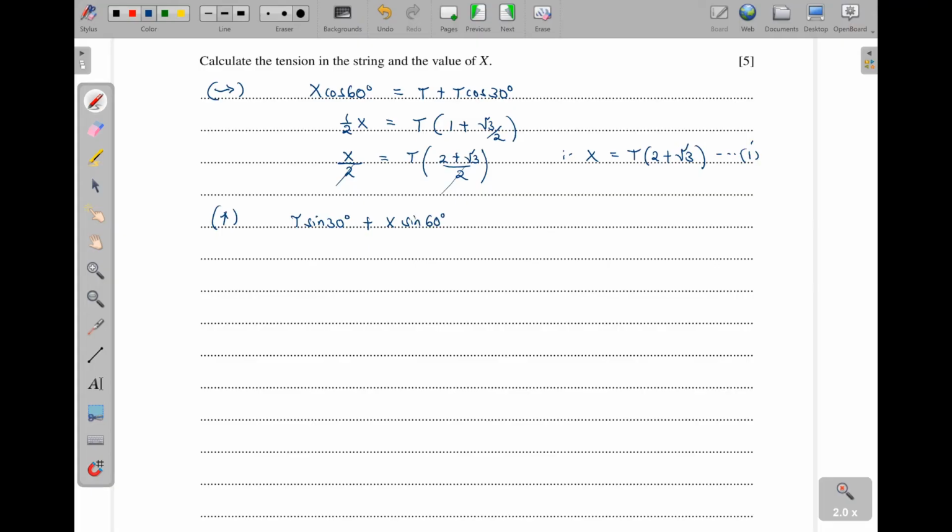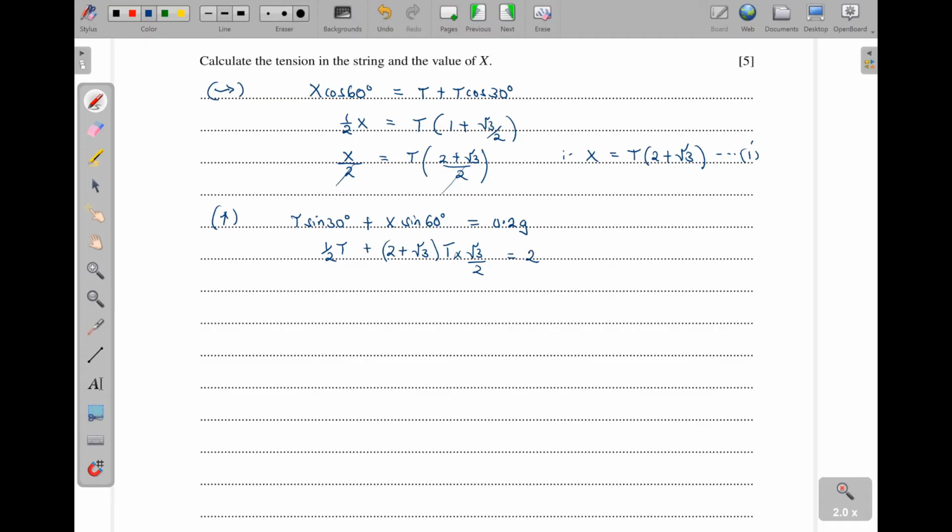These are the forces going up, and is equal to the weight, which is 0.2 g. Sine of 30 is a half, so we have a half of t, then plus our x is (2 plus root 3) of t, right from here. Then sine of 60 is root 3 over 2, which is equal to, here we shall have a 2.